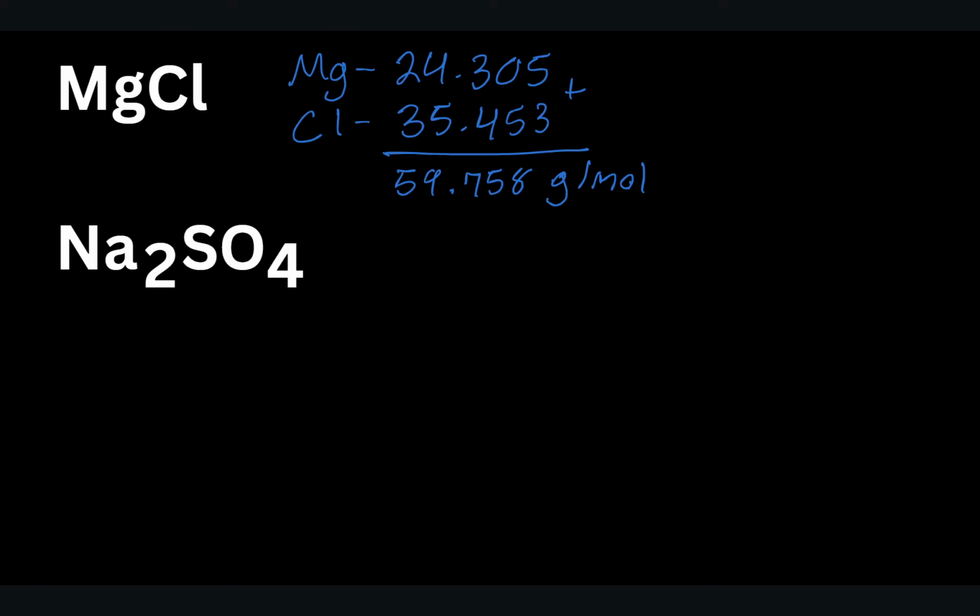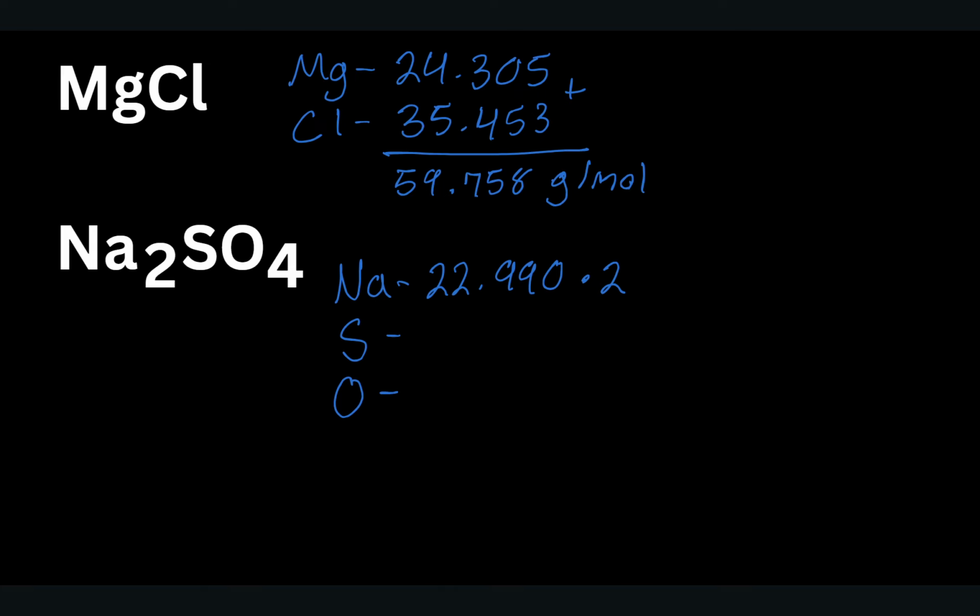So our Na2SO4. Splitting this up, I have my sodium, I have my sulfur, I have my oxygen. Taking a look at the periodic table, the mass of our sodium is 22.990, and from the subscript, I have 2 of them, so I'll multiply that number by 2.